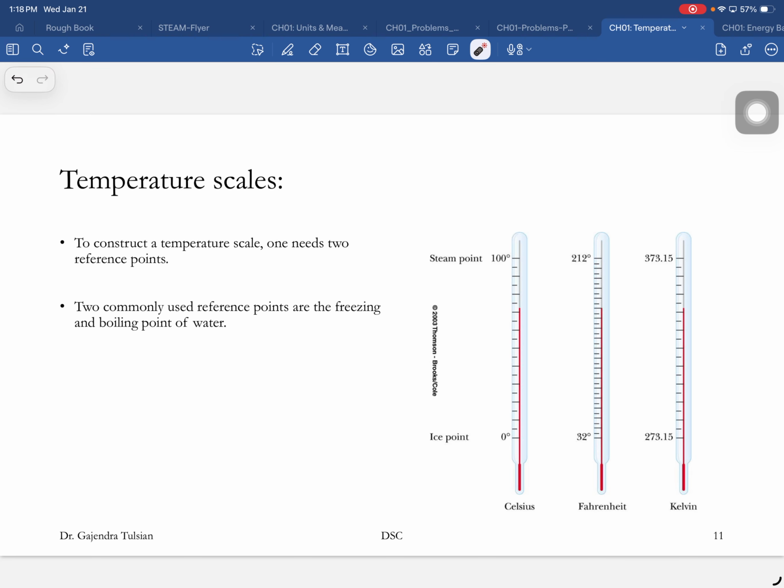The Celsius people call this 0 degrees Celsius, that 100 degrees Celsius. The Fahrenheit people call this 32 degrees Fahrenheit, 212 degrees Fahrenheit. You can see that there's 100 degrees here and 180 degrees here. So this scale is more sensitive, or it has more divisions in there.